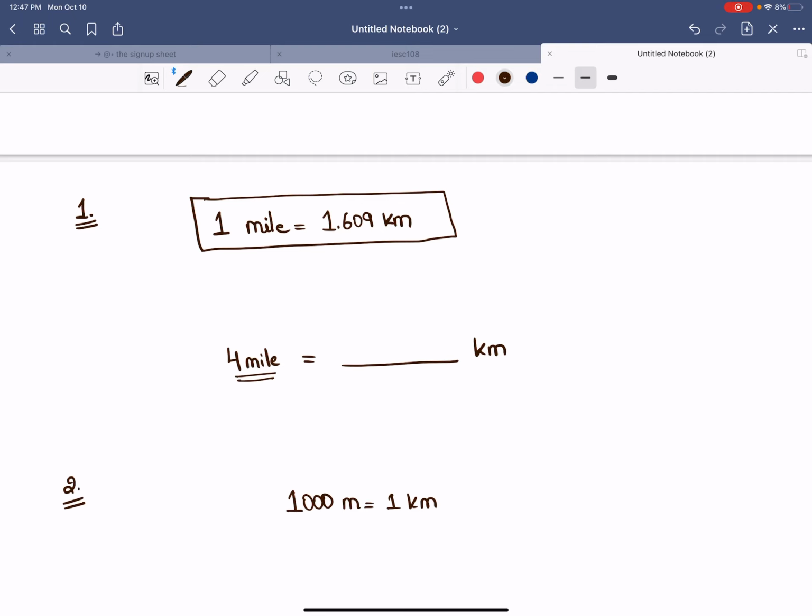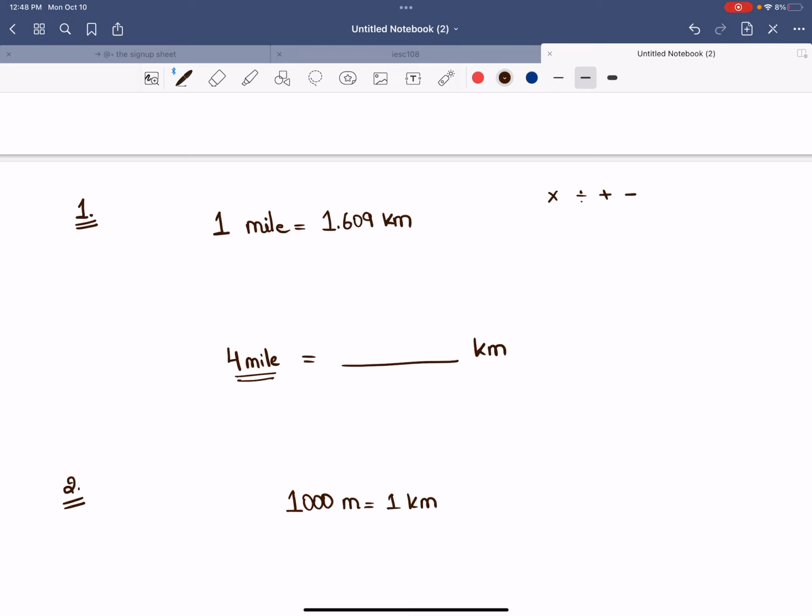And here's the first fun fact that we learn about doing this kind of problem. Anytime you see an equation like this, for example, that 1 mile is equal to 1.6 kilometers, you can do any operation on this equation, as long as you do it on both sides. By operation, I mean you can multiply anything, divide anything, add anything, subtract anything. But as long as you do it on both sides, it does not affect the equation.